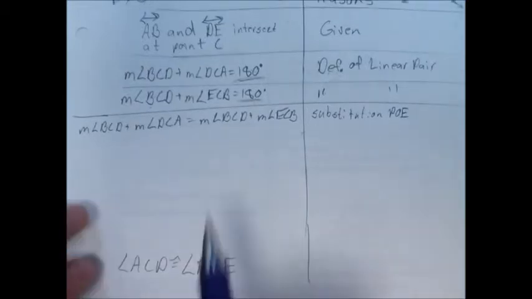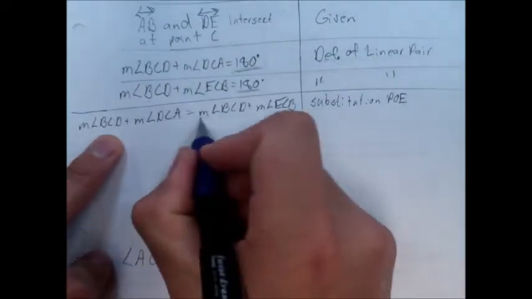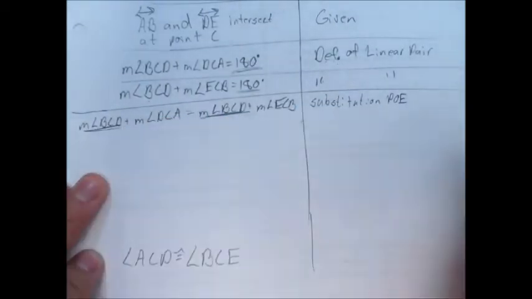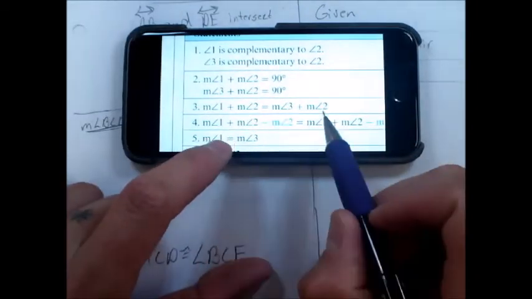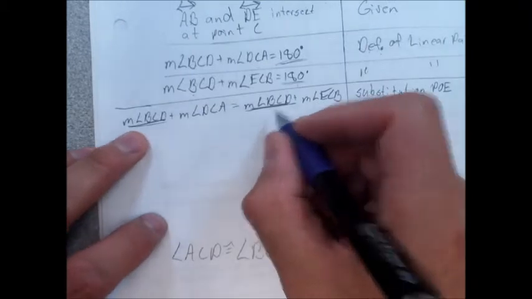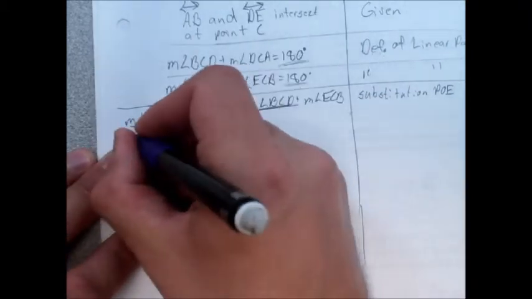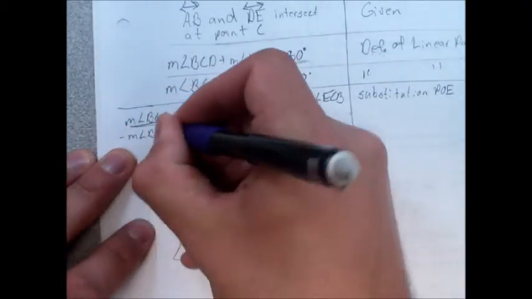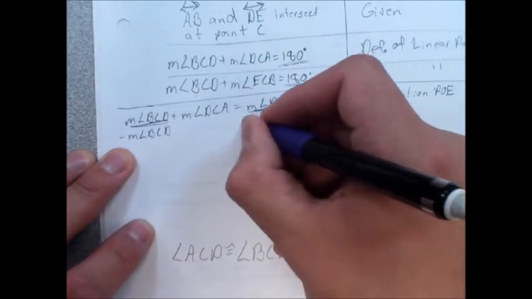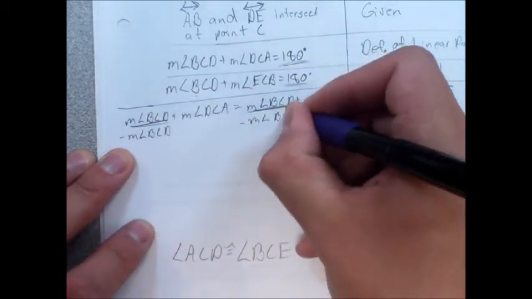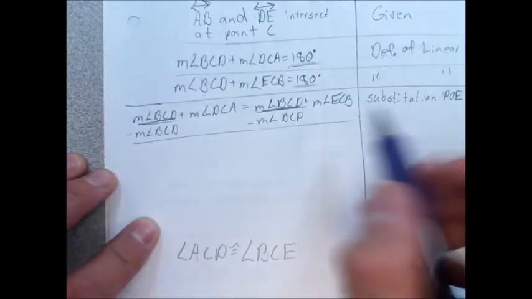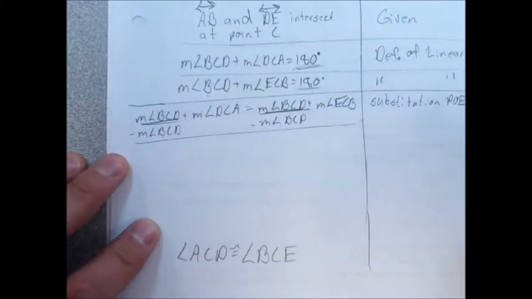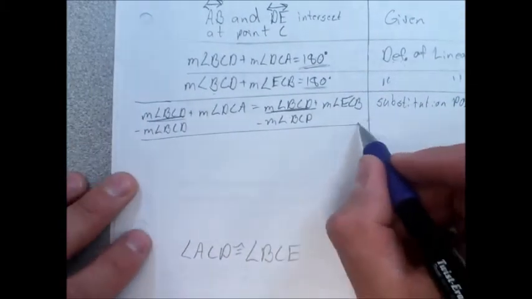Okay, from here I'm going to start to solve. I notice that this and this are the same, just like it was here. See, they had angle 2 in both of these, so they subtracted angle 2 from both. So here I'm going to subtract the measure of angle BCD from both sides of the equal sign. And what allows me to subtract something from both sides is called the subtraction property of equality.